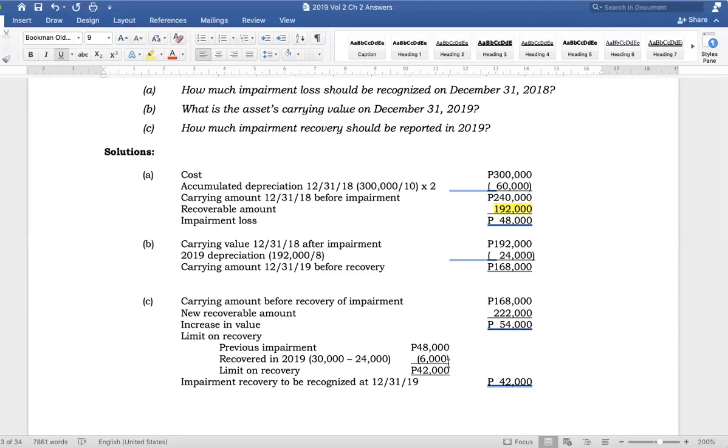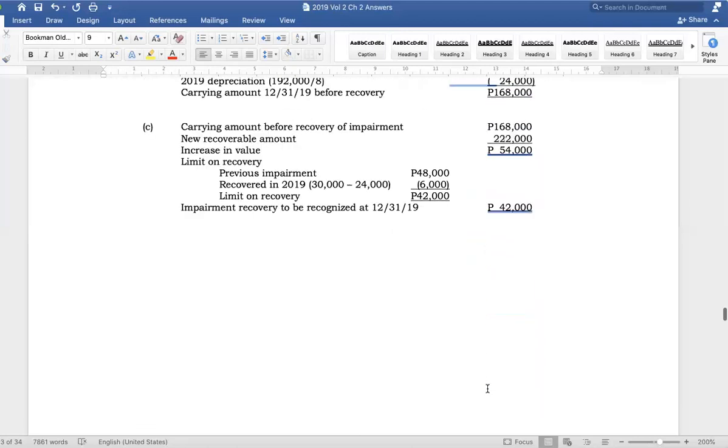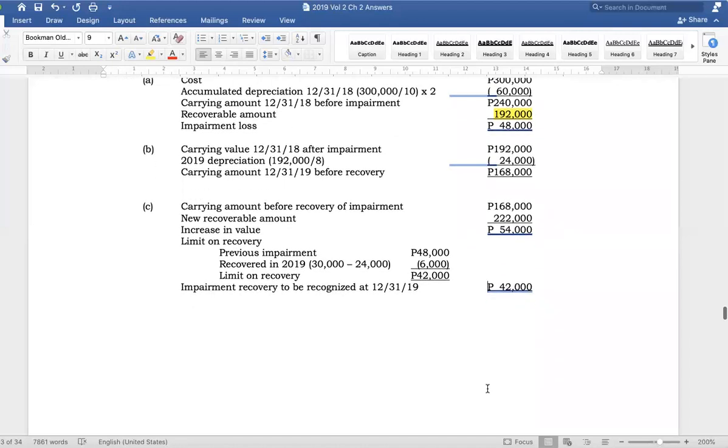So 48 minus 6, this is the amount that has not yet been recovered. So this is your limit on recovery. Therefore, between this increase in value of 54 and this limit on recovery of 42, you are to choose the lower because the recovery is limited. Therefore, you are to take up 42,000.